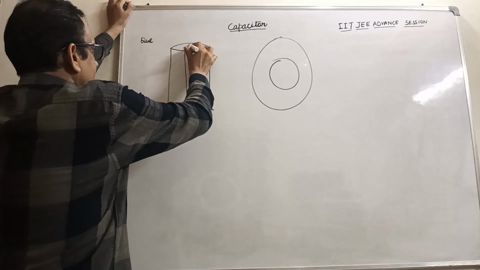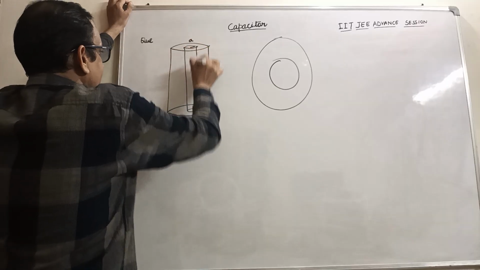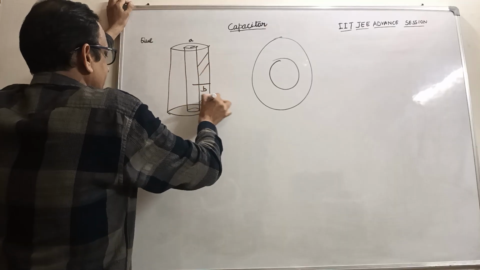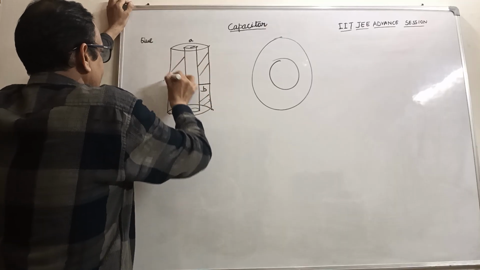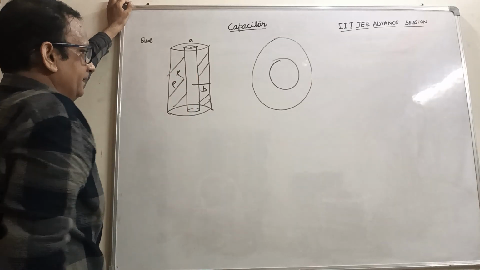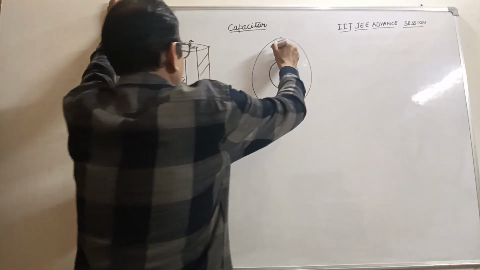Here this is radius A and this is radius B, and in between the region a dielectric material is filled, that is K, and the resistivity of the dielectric material is rho.